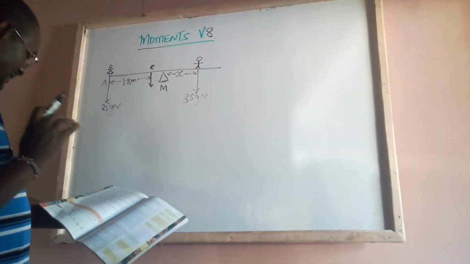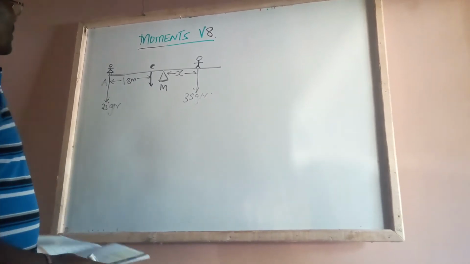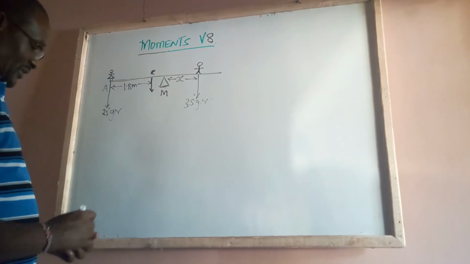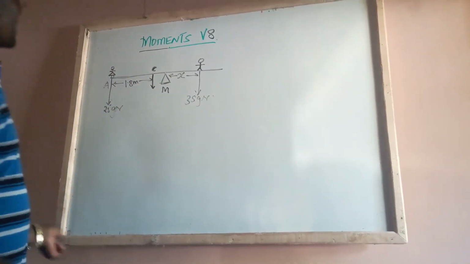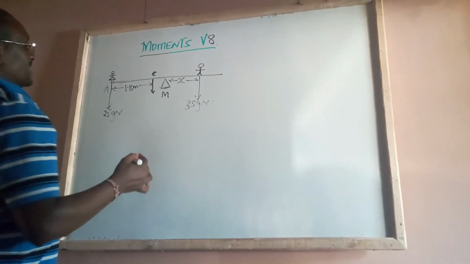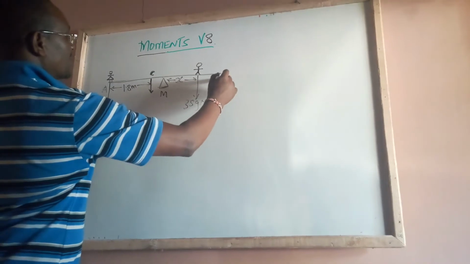Where must Sam sit for the plank to be horizontal? In other words, we are supposed to tell where Sam sits from either the fulcrum or from whatever point. This is point B.